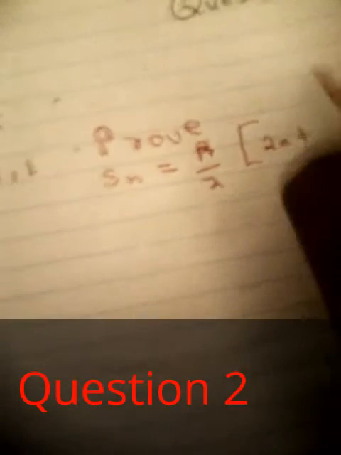Okay, in 2.1 they said we have to prove that the sum Sn is equal to n divided by 2 all into 2a plus n minus 1 d.